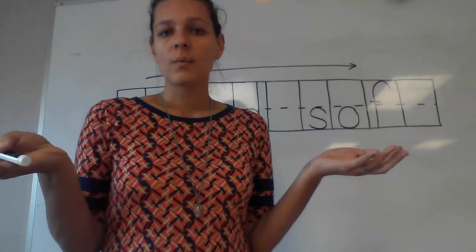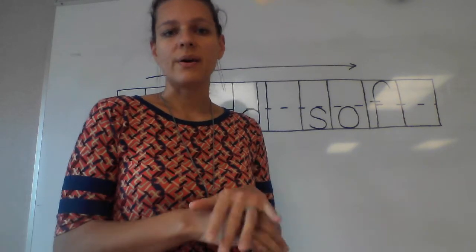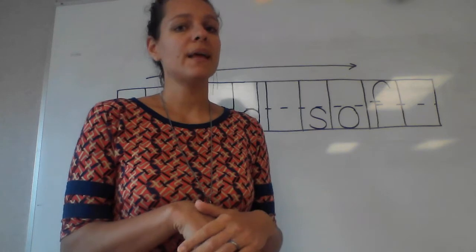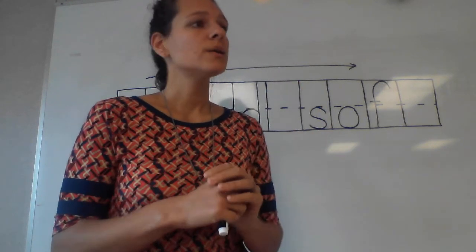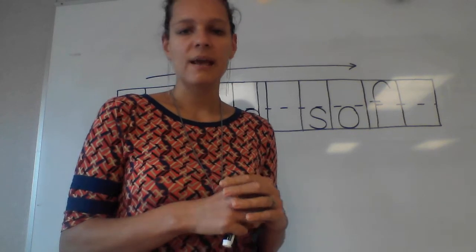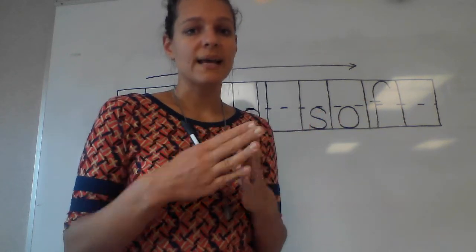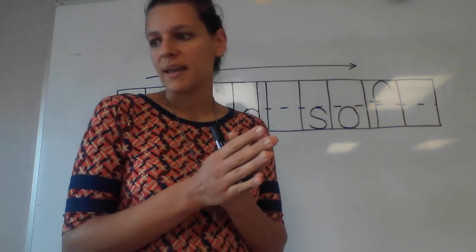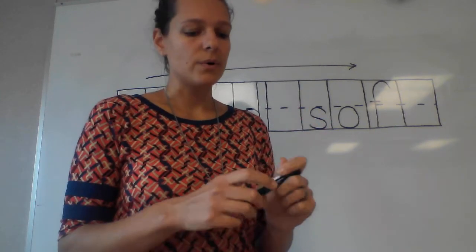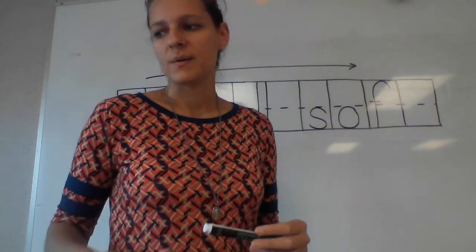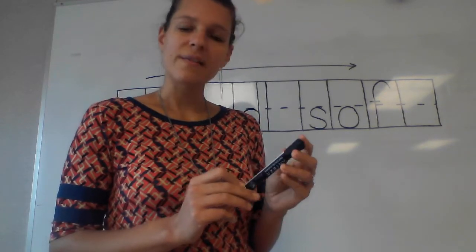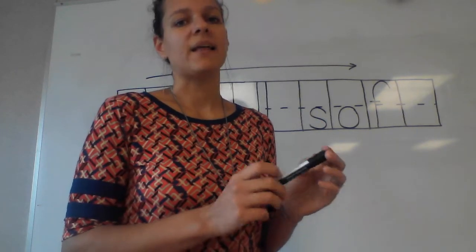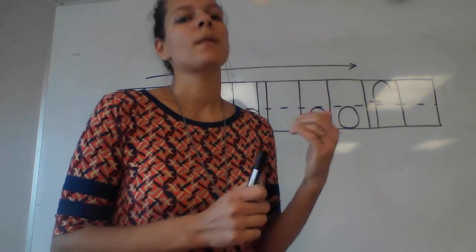So when we put our phonograms together, they make up words, and they can make up real words or nonsense words. Real words would mean if we put phonograms together to make up something that is actually an English word, like pen, or like paper. Anything that actually means something in English, we would call a real word.